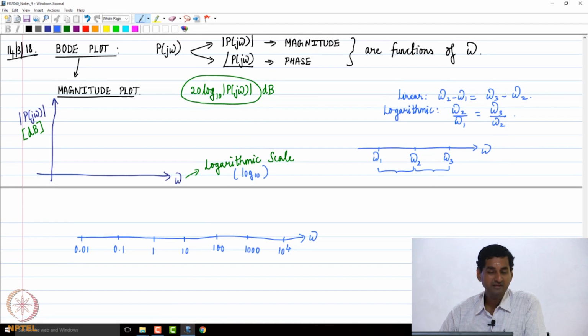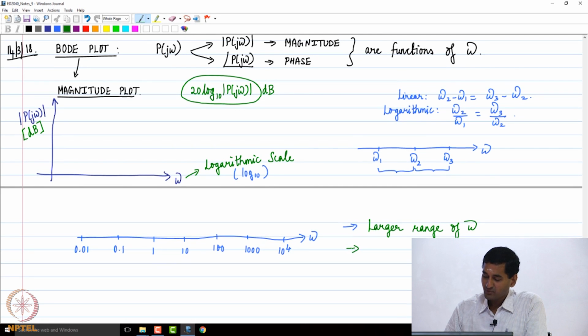At the same time, if I use a linear scale, it's going to be really difficult to plot such a vast scale. So the first thing is that you can cover a larger range of omega. And what is the second advantage that you can see?